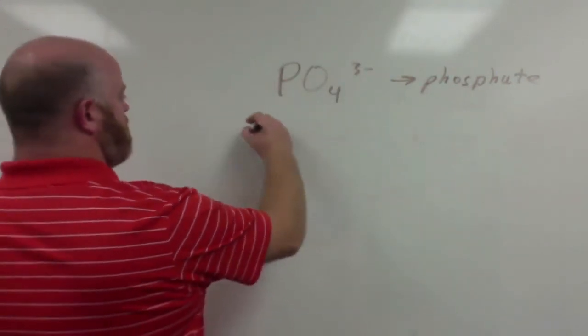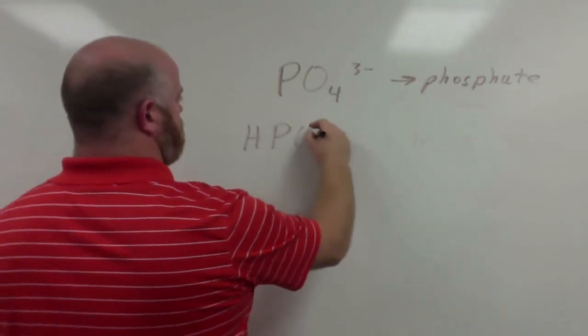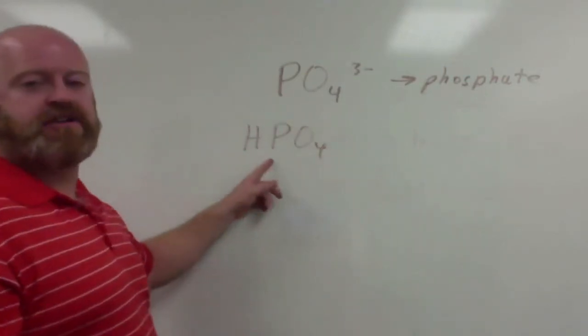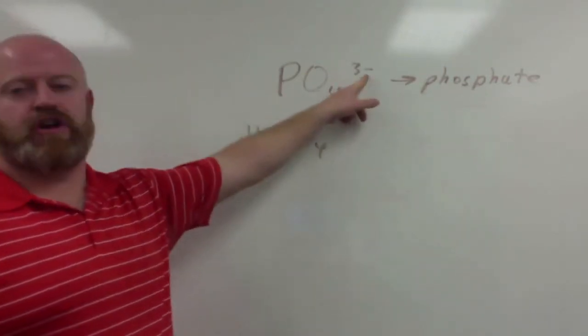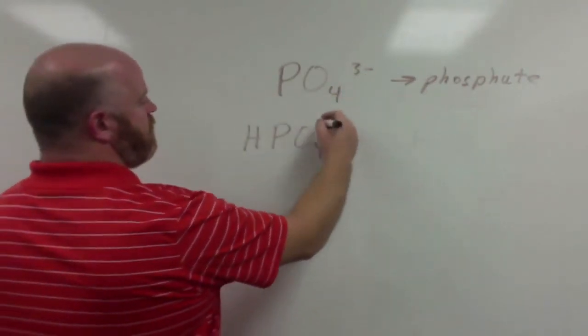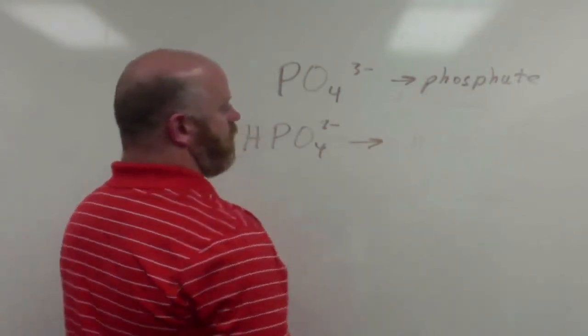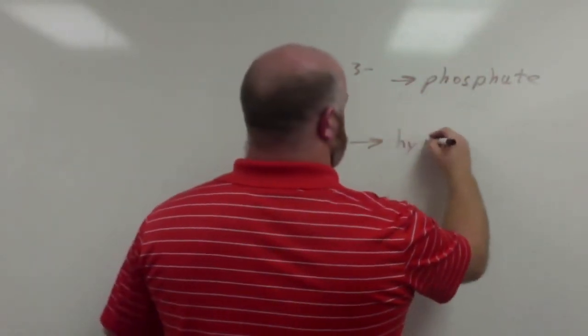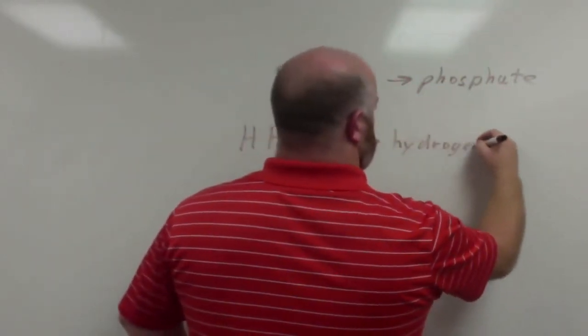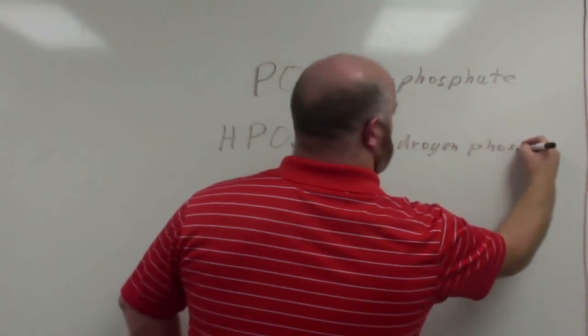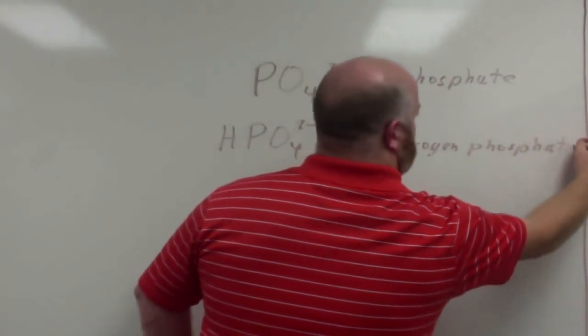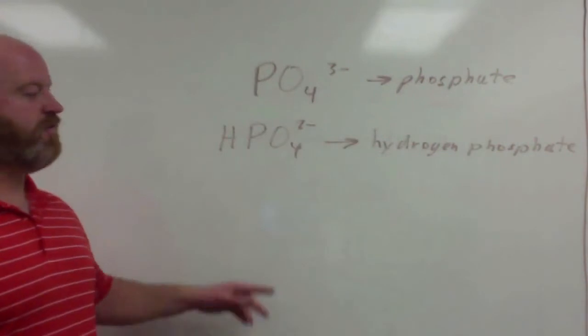So if we attach a hydrogen to this, every hydrogen we attach reduces the charge by 1. So this now has a charge of -2. And we would call this hydrogen phosphate, because we put a hydrogen on it.